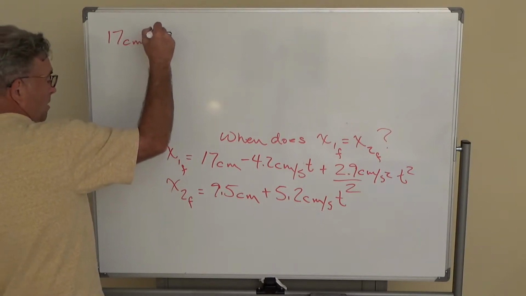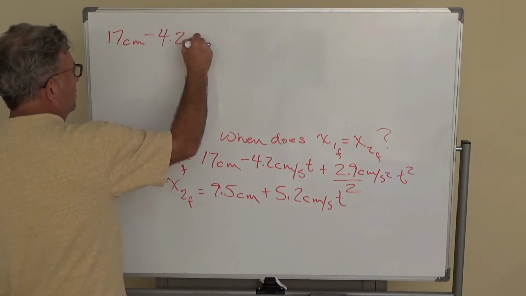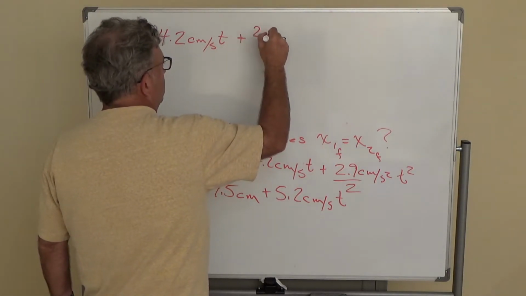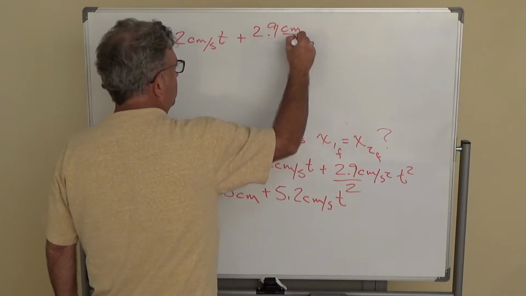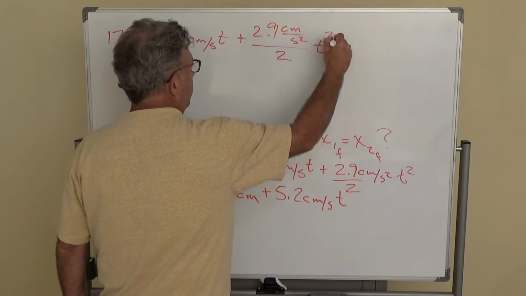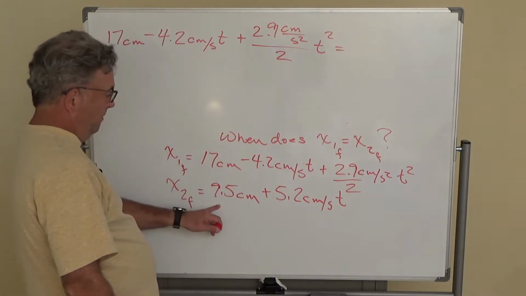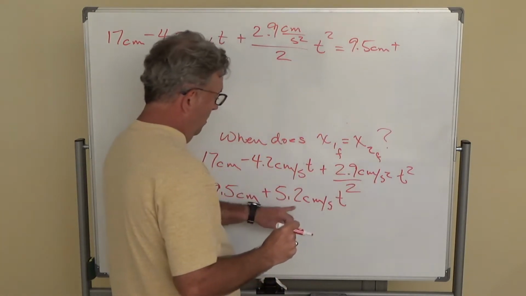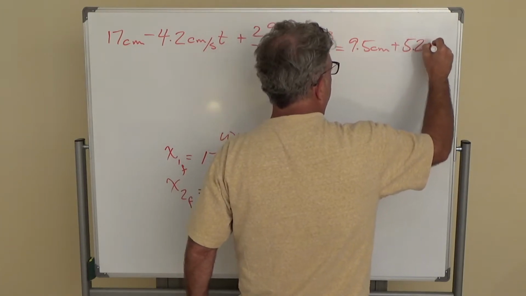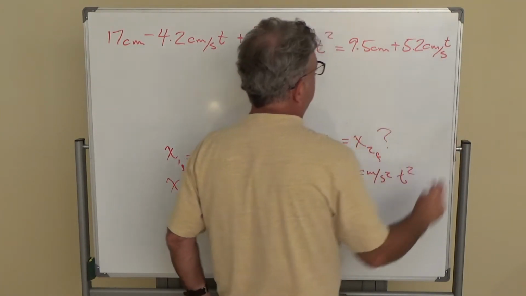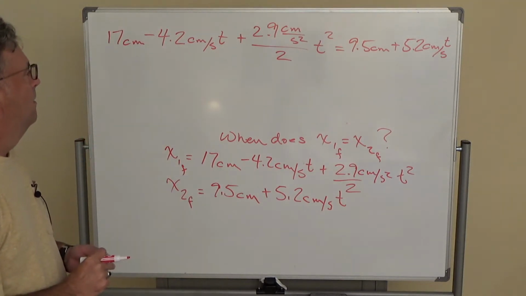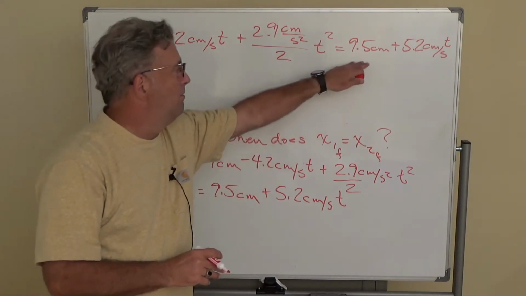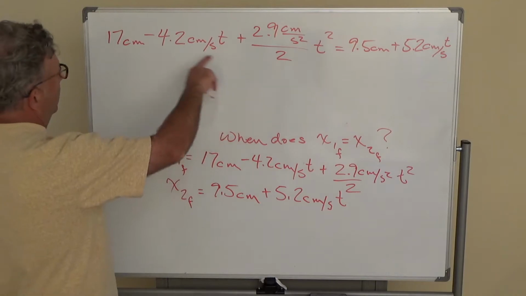17 centimeters minus 4.2 centimeters per second t plus 2.9 centimeters per second squared over 2 t squared is equal to 9.5 centimeters plus 5.2 centimeters per second t. Okay, collect terms and solve. So I'll move this stuff over here.